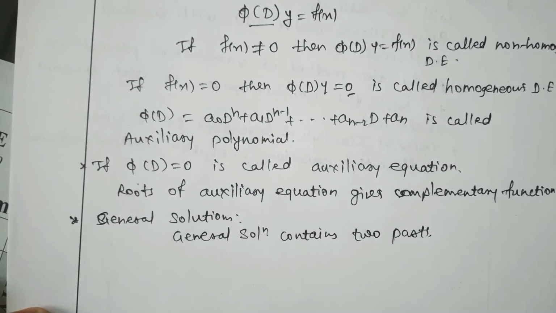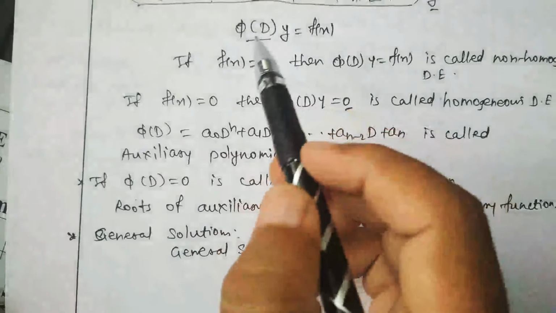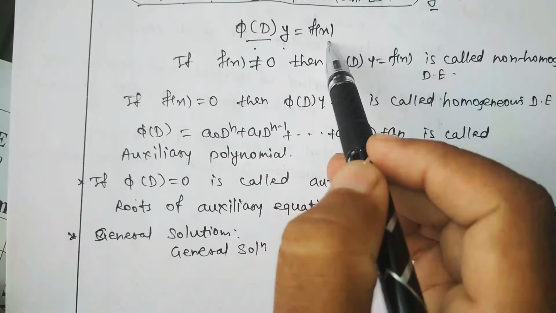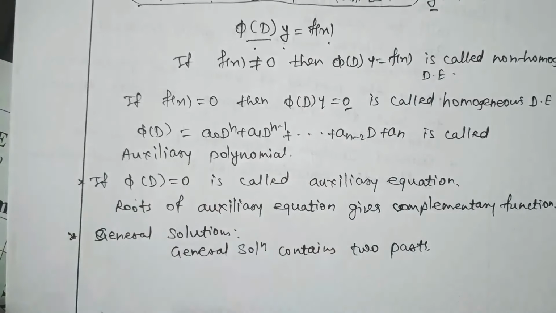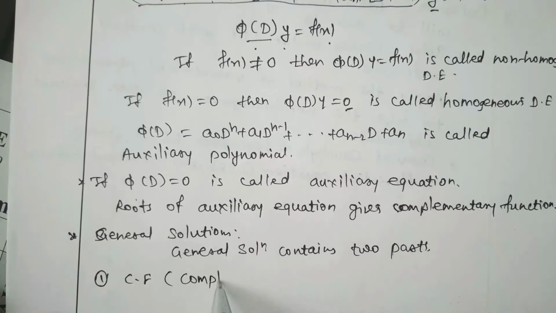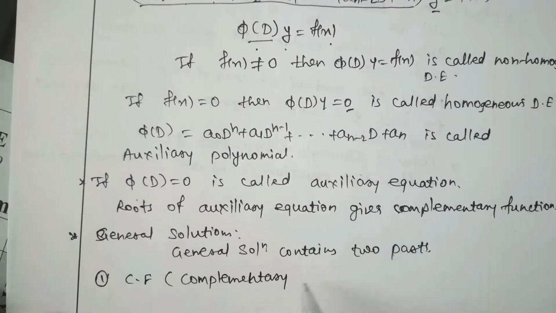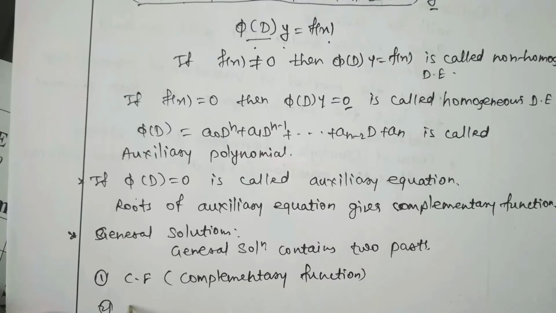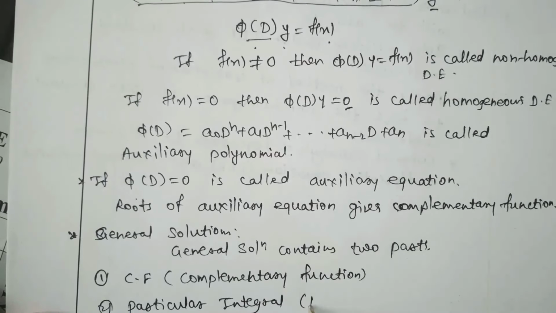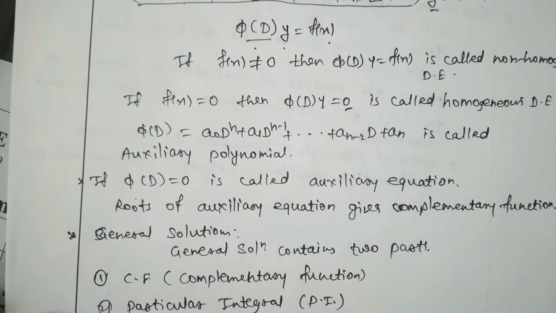Our general solution of the linear differential equation phi of D into y is equal to f of x contains two parts. Which are the two parts? First part is CF, or we can say complementary function, and second part is particular integral, in short PI.